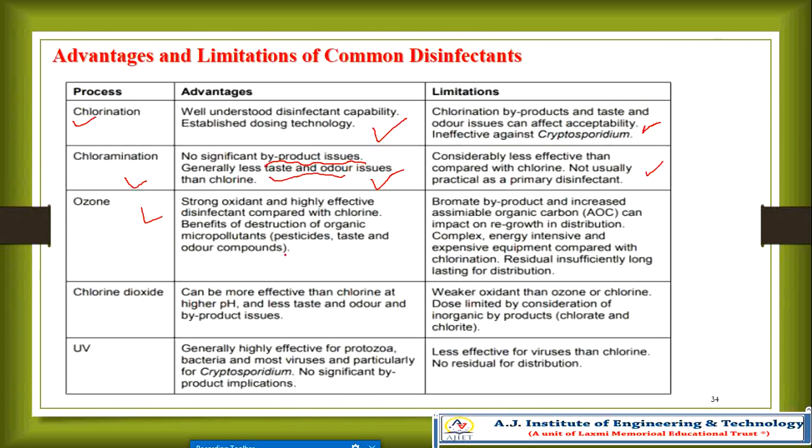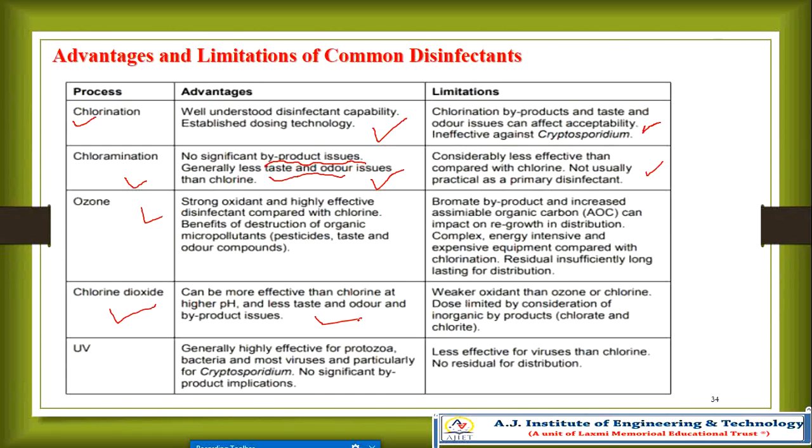Chlorine dioxide can be more effective than chlorine at higher pH, with less taste and odor byproduct issues. It is a weaker oxidant than ozone or chlorine, and is limited by consideration of inorganic byproducts.